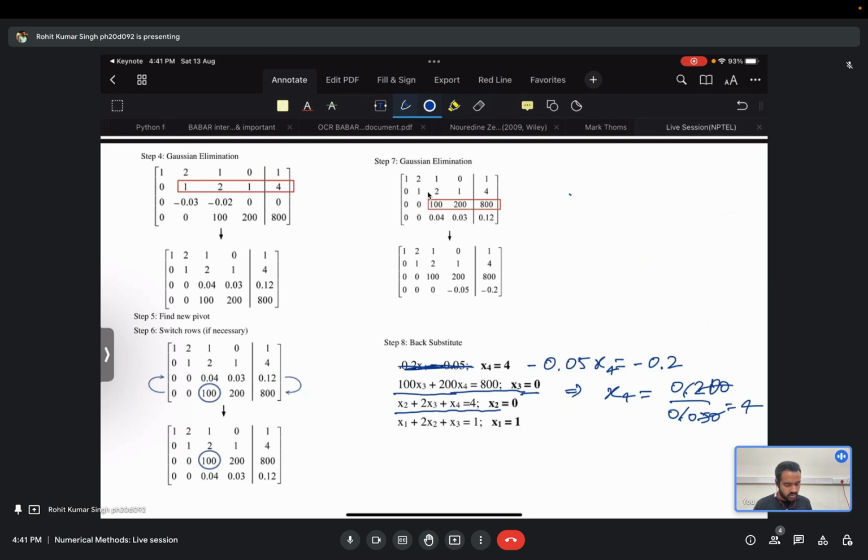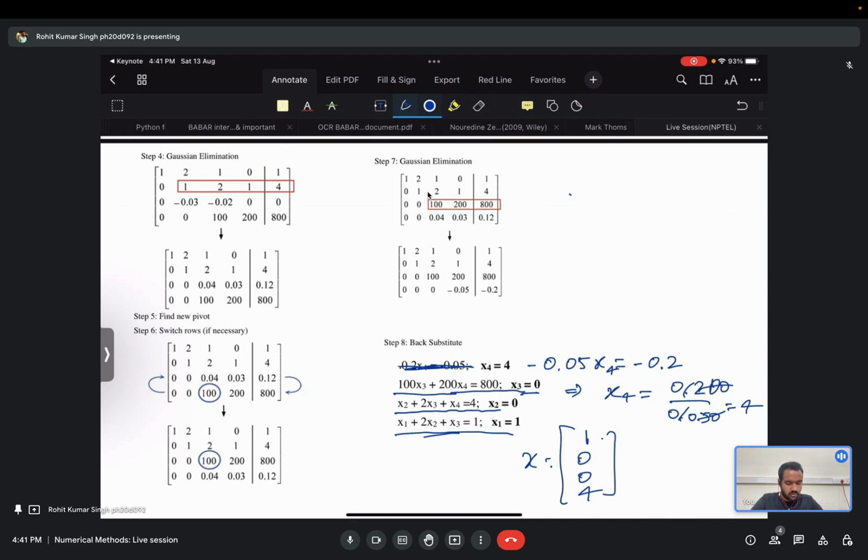And then from the first row you will have this equation, and you have x2 and x3 you can put here, and you can get x1 is equal to 1. Okay, so the solution matrix will be simply 1 0 0 4.